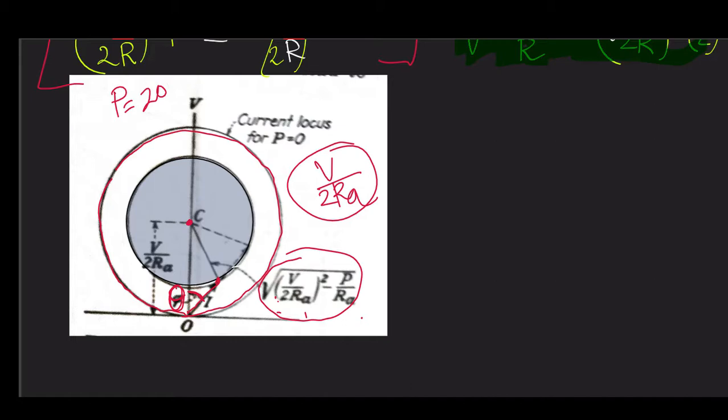If you are not getting my point, try to understand that suppose when it is here, then also you can apply the same equation, right? But you will have a different value of theta in this case.